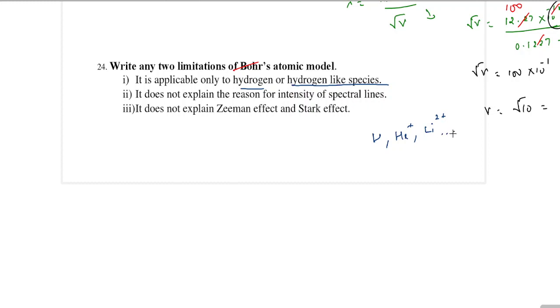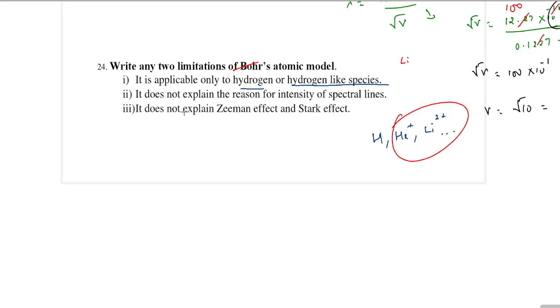All these contain only one electron, so they are called hydrogen-like species. You can't use this formula for the lithium atom, only for the lithium ion. So one drawback is it is applicable only to hydrogen or hydrogen-like species.